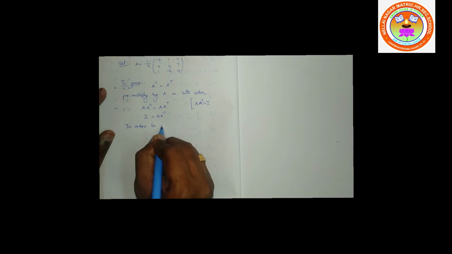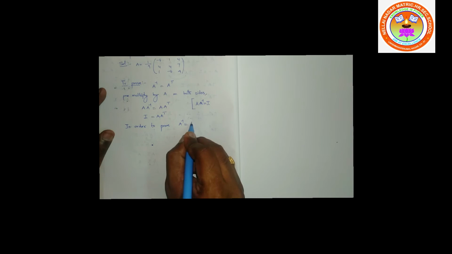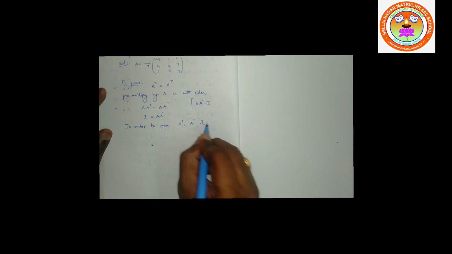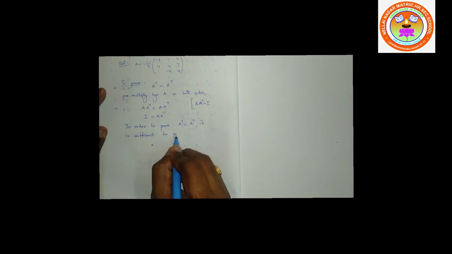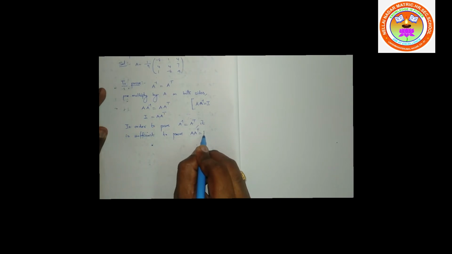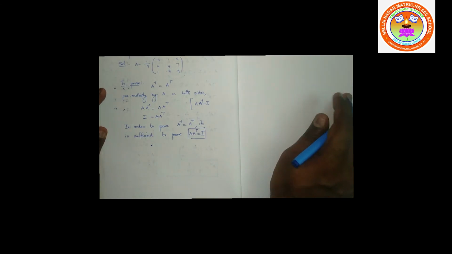So it is enough to prove, in order to prove A inverse is equal to A transpose, that A into A transpose is equal to I.